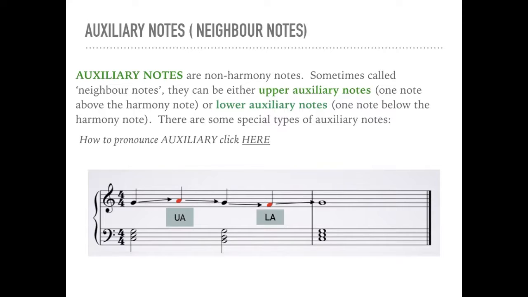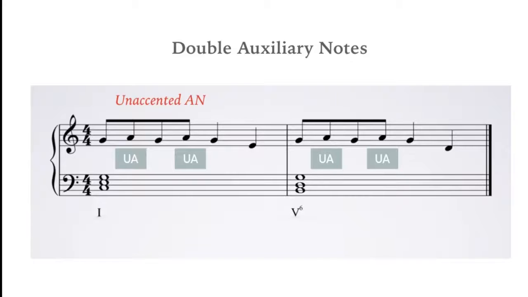You remember a passing note was taking you to another note. But an auxiliary note goes up one step and goes one step down, it goes back to where you started. It goes back to the harmony note. Okay, or this one, double auxiliary notes. Listen.